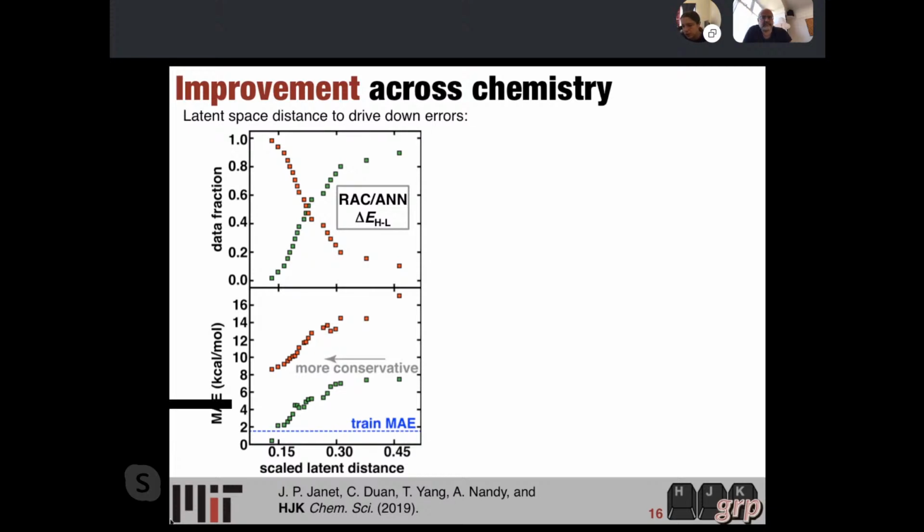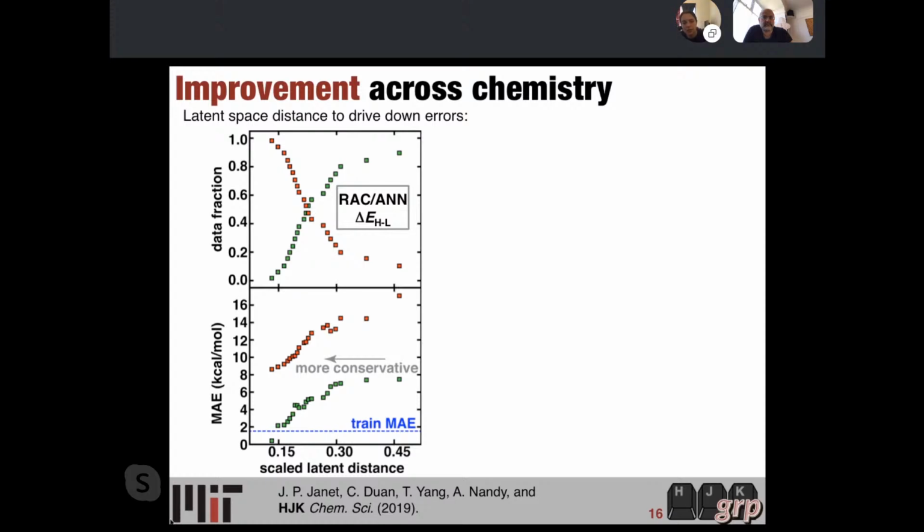This can be generalized to other architectures than what I've shown, and other chemical problems. We've tested it on, say, image classification tasks. It works there. The only computational cost associated with it is going to be evaluating those distances if you have a very large data set. And as a result, it's less work than training 10 ensembles.